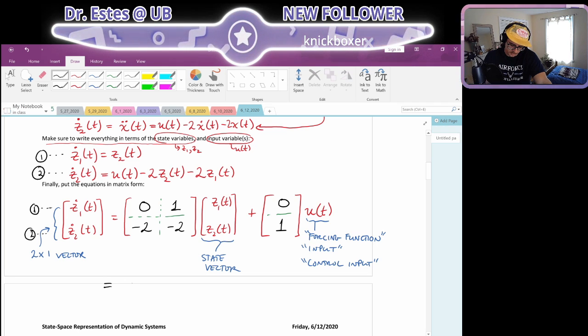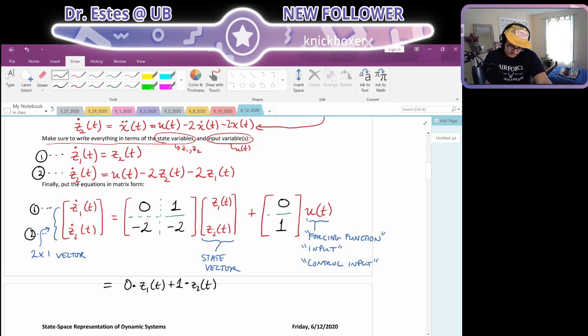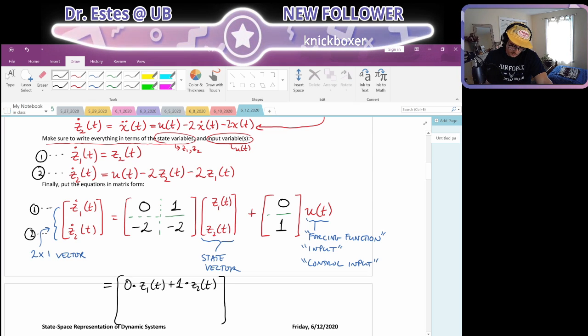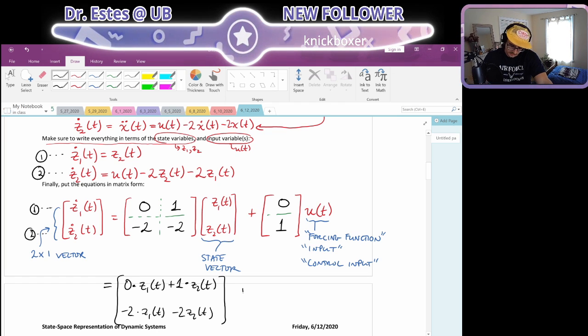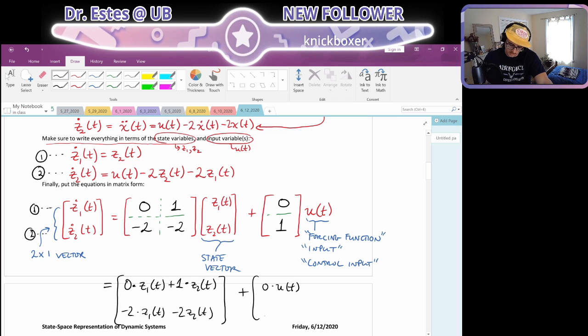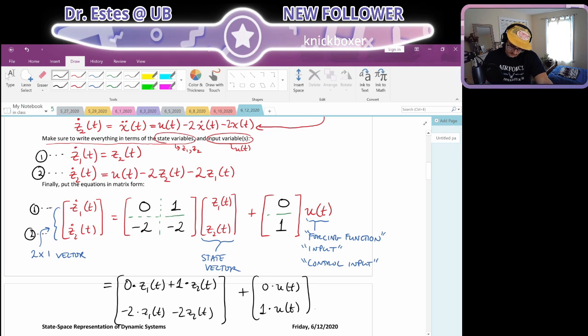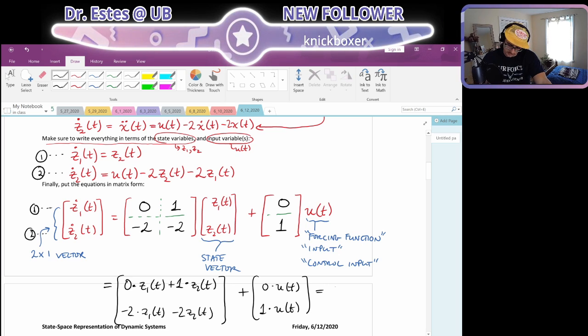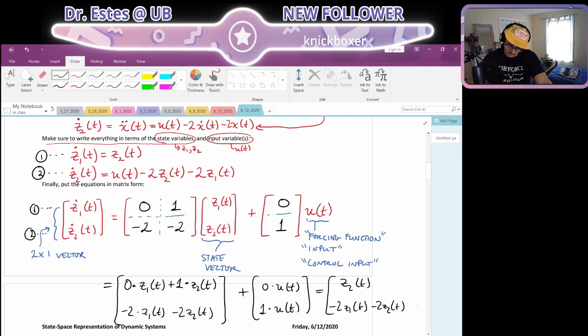Like this matrix right here, it'll give me 0 times Z1 of T plus 1 times Z2 of T. This one's going to give me minus 2 times Z1 of T minus 2 times Z2 of T. And then I'm going to have plus 0 times U of T plus, or rather, just 1 times U of T. And then if I add these two together, I'm going to get Z2 of T, and I'm going to get minus 2 Z1 of T minus 2 Z2 of T plus U of T.